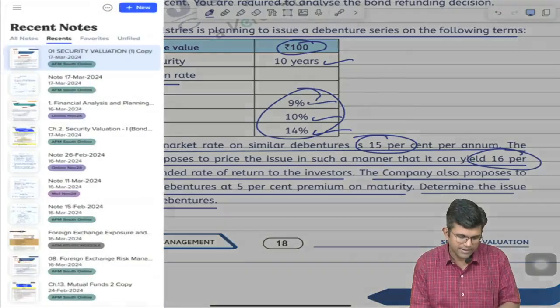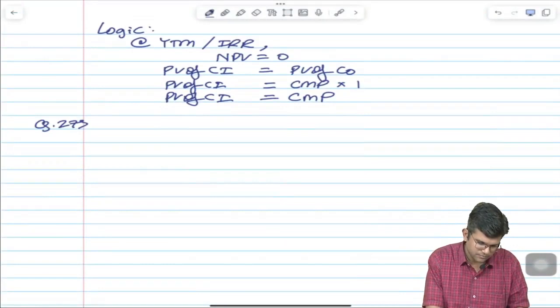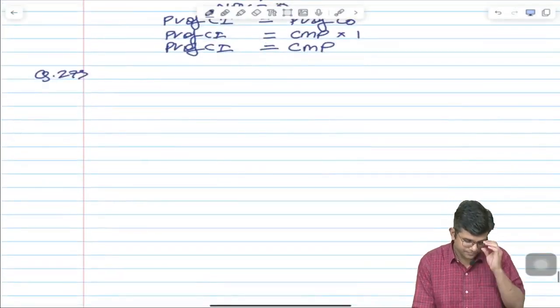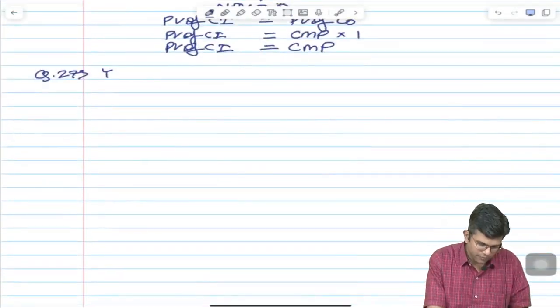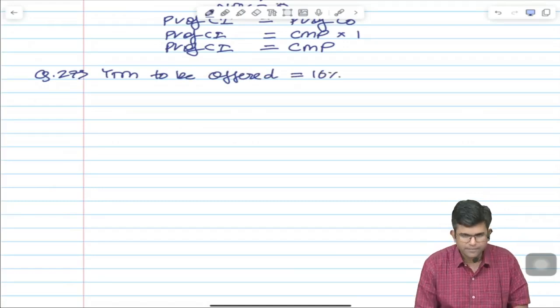So write down in notebooks question number 27. YTM to be offered equal to 16%.